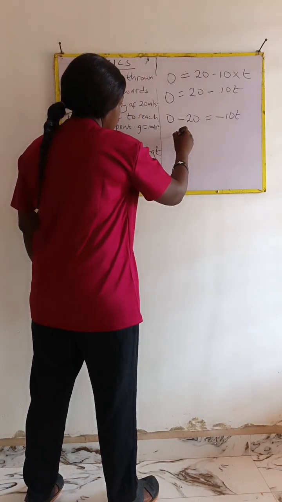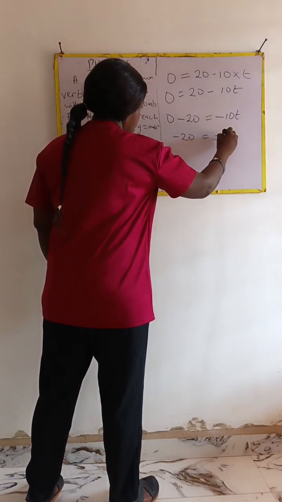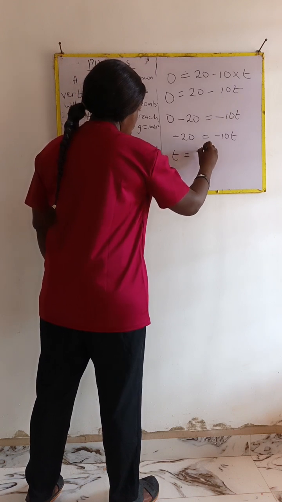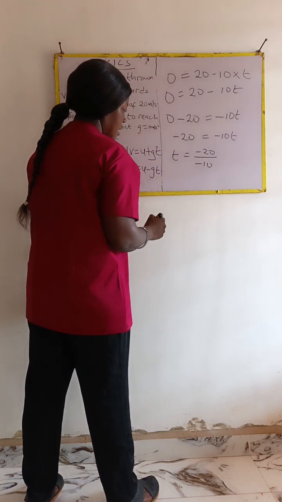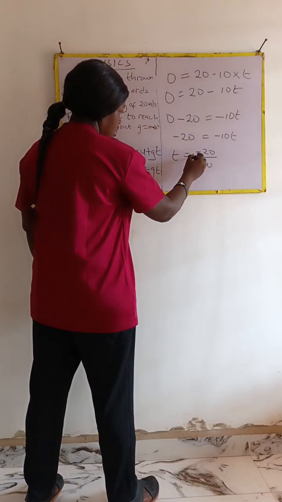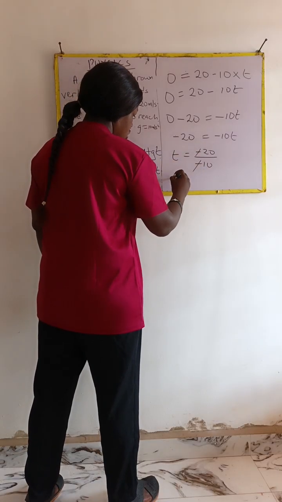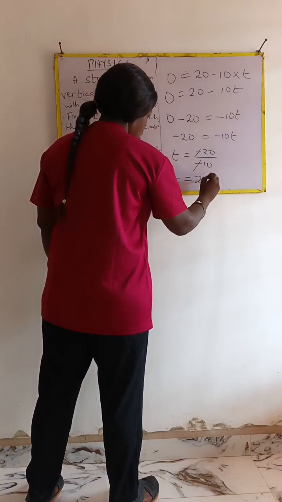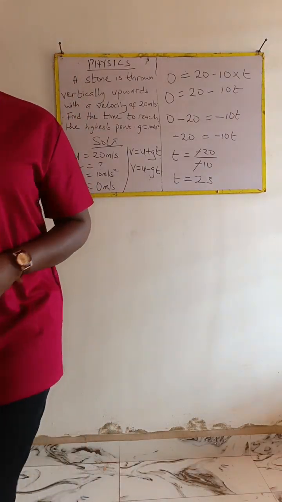So I have minus 20 equals minus 10t. So t will be minus 20 divided by minus 10. Minus will cancel minus, so 10 into 20 gives 2. So t will be 2 seconds.